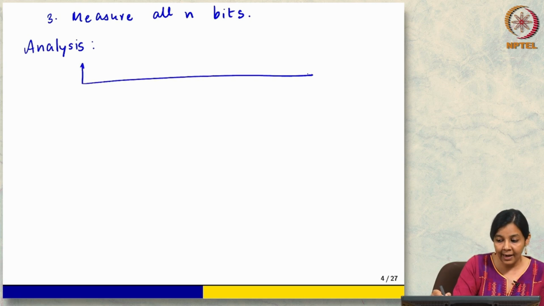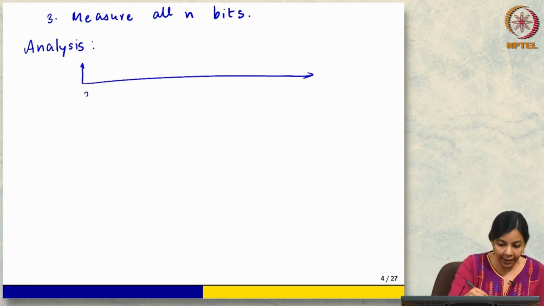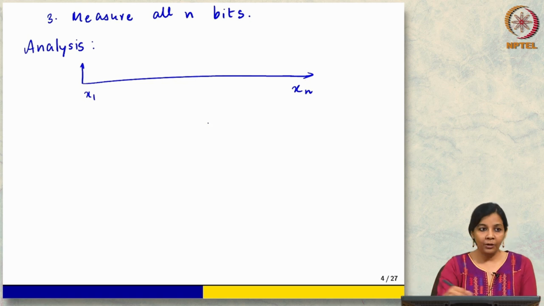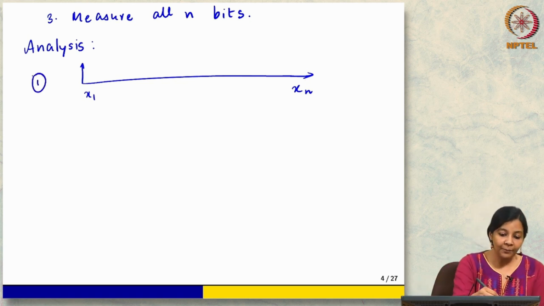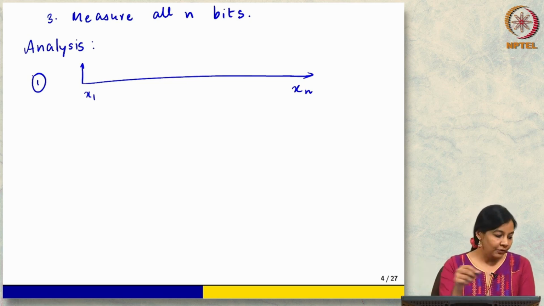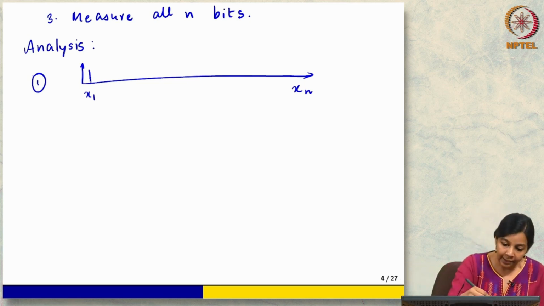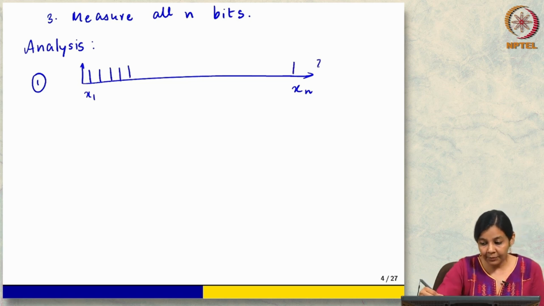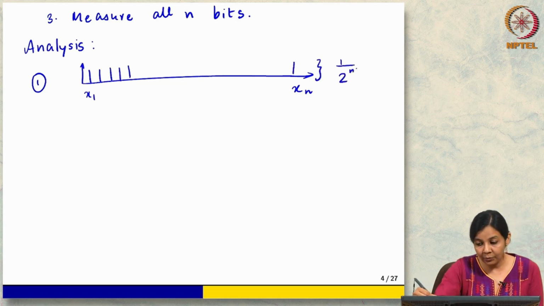Let us say that I am just mapping the amplitude over all the points. In the first step, when I generate the superposition, the amplitude is distributed equally. So, on every point in the space, this is my amplitude, and what is this? It is 1 over 2 to the n over 2.